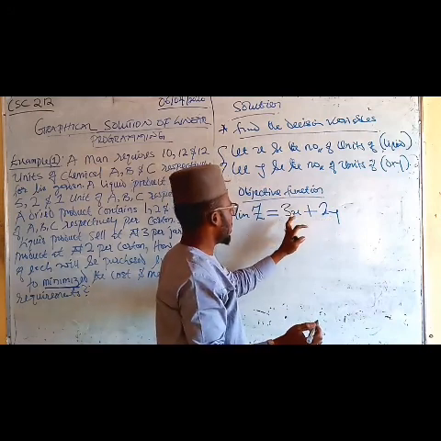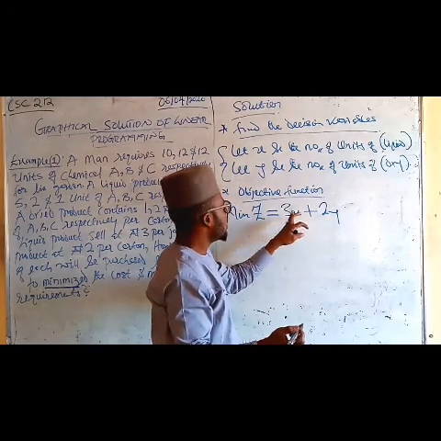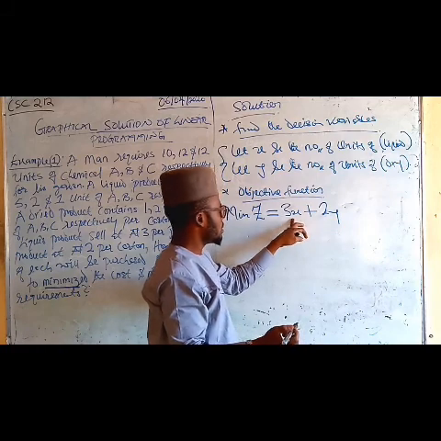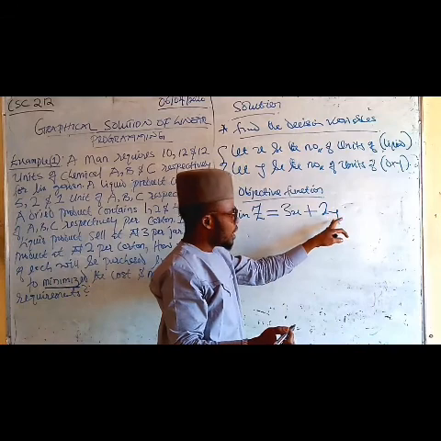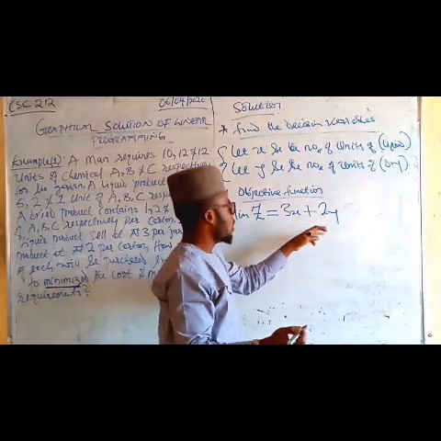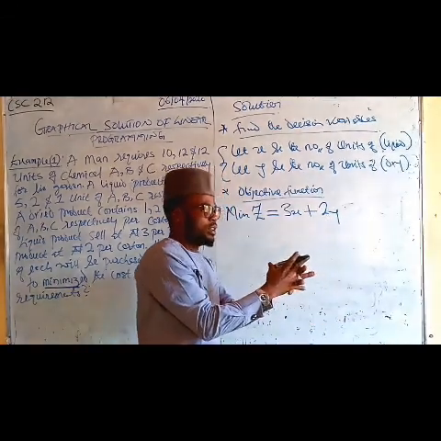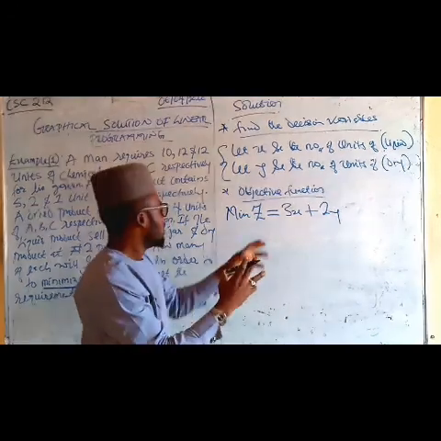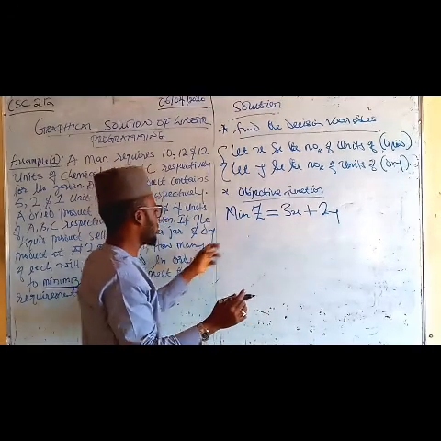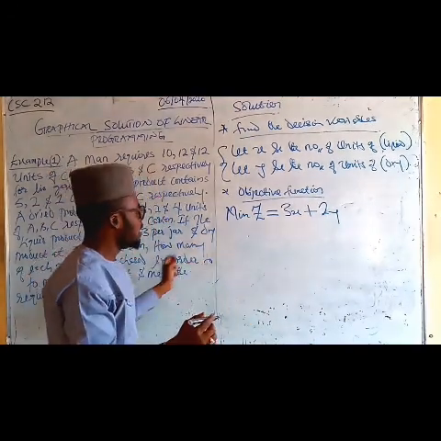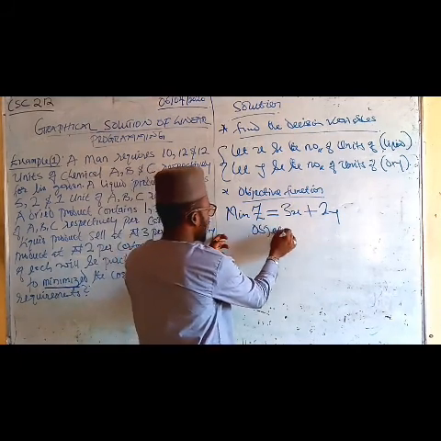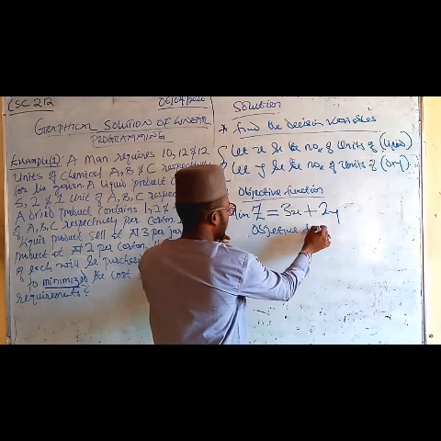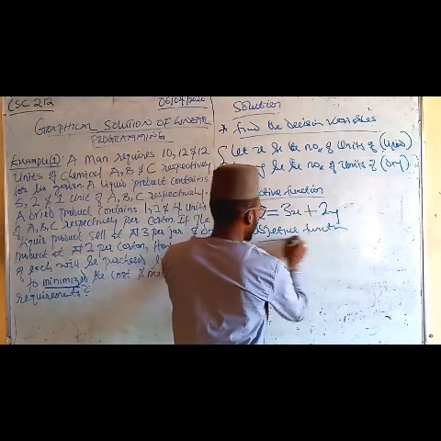So we know that when you add 3 units of the liquid product plus 2 units of the dry product, definitely you are going to have what is referred to as a chemical. Since we are asked to minimize our objective function, here we have already gotten our objective function.